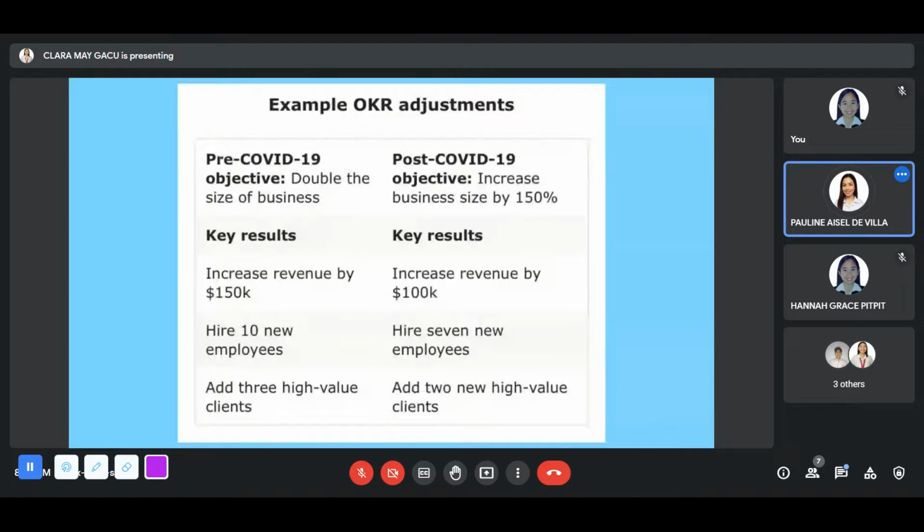Let's say increasing the size of your business by 150%, increasing revenue by $100,000, hiring 7 new employees and adding 2 new high-value clients.